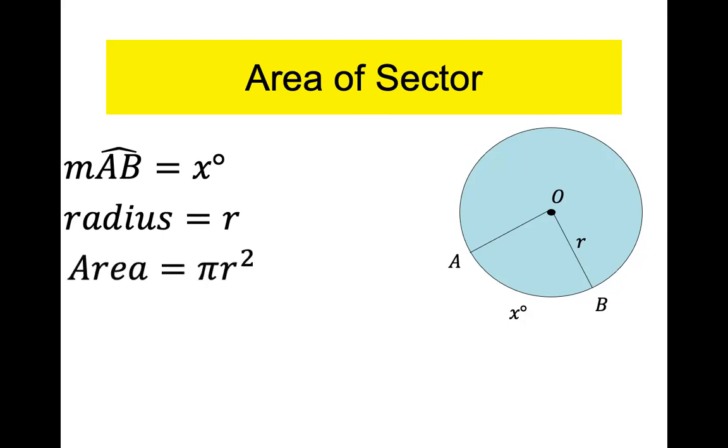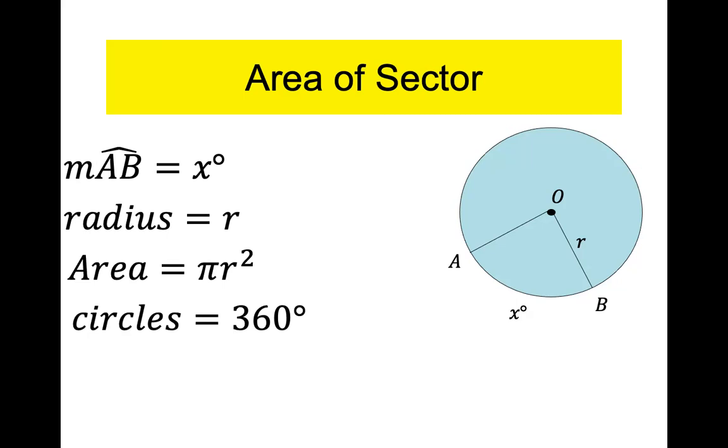Area is pi r squared. That would be for the entire circle. We simply take a percentage of pi r squared. What percentage would it be? Whatever percent x is of the entire 360 degrees. So the formula itself is derived from the same idea as the previous one. We figure out what percentage this arc measure is of the entire circle.